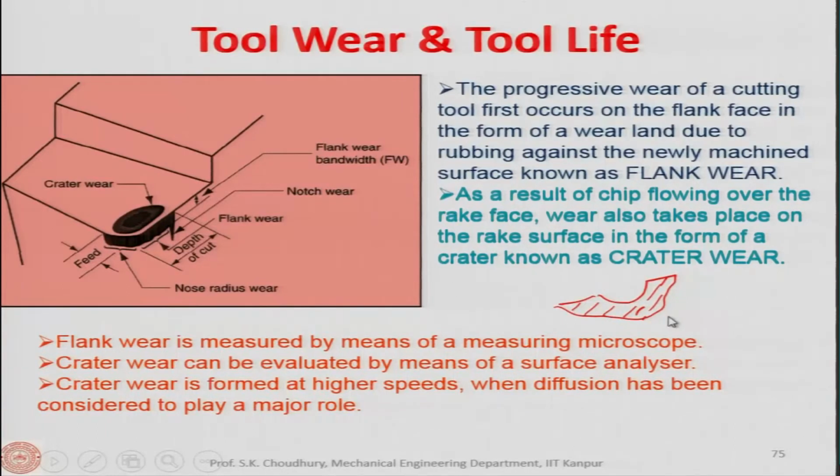Crater wear, since it is a crater like this, can be evaluated by means of a surface analyzer. You know the surface analyzer, it measures the surface roughness. There a stylus is moved along the surface. Those asperities on the surface will be sensed by the stylus: if it is a peak, the stylus will go up, if it is a valley, the stylus will come back.